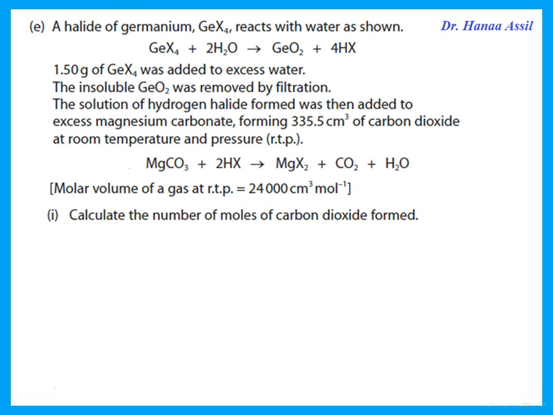And the first question is, calculate the number of moles of carbon dioxide. What does he tell me about carbon dioxide? He gives me a volume. Well, number of moles is the volume over 24, or over 24,000 if I put it with the centimeter cubed. So this gives me the number of moles.